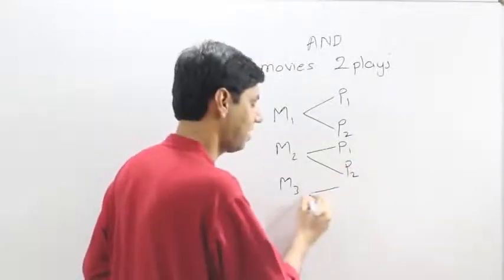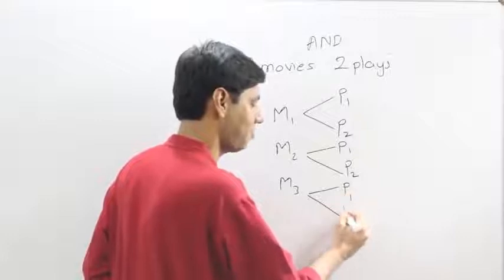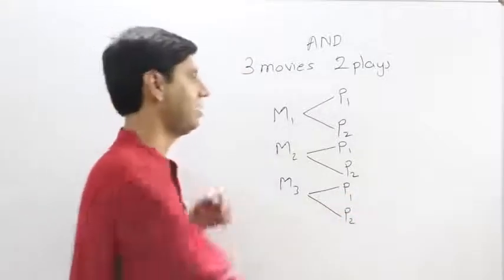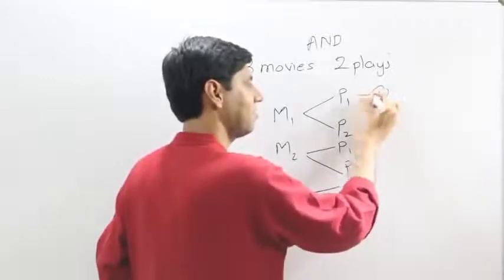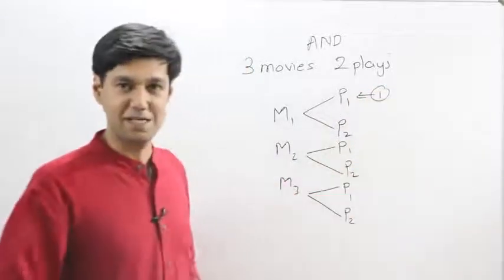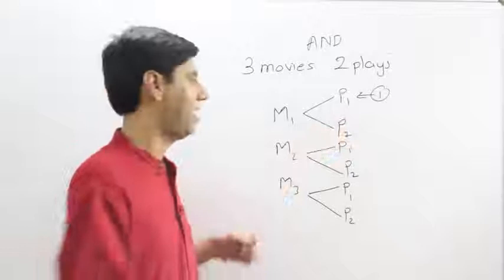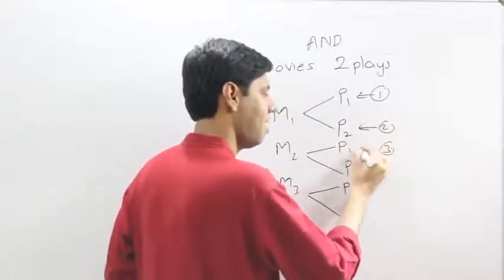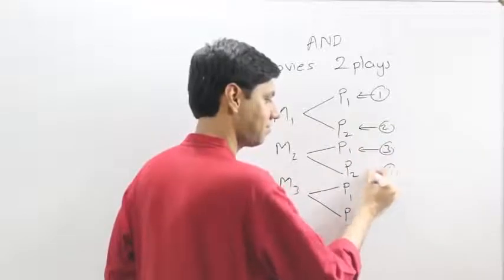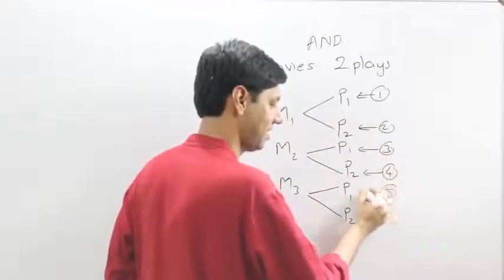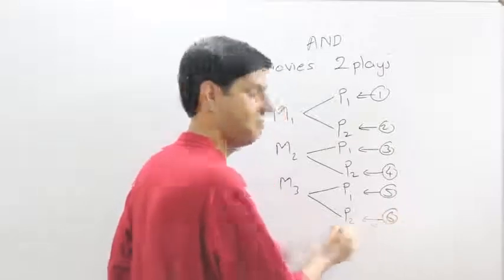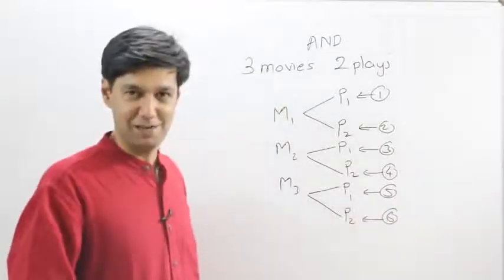Having watched movie 3, I could watch a play 1 or play 2. So if this time I count the number of ways, this is the first way in which I could entertain myself, that is movie M1 and play 1, or a second way, third way, fourth way, fifth and 6th. So this time I have 6 different ways to entertain myself.